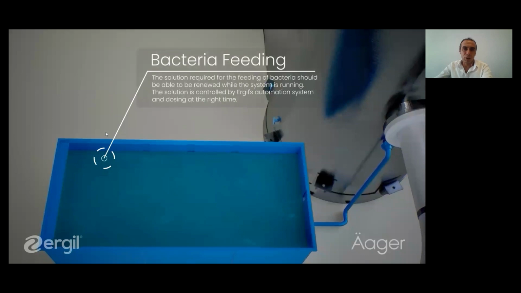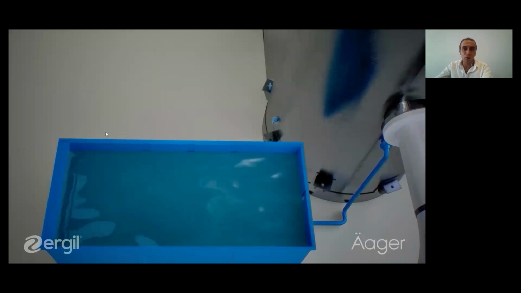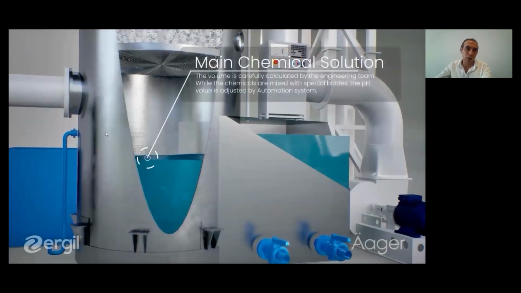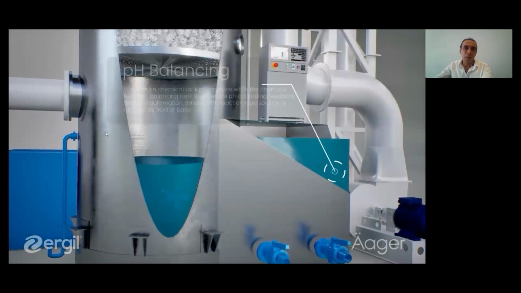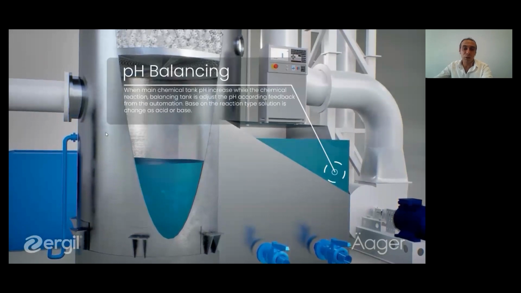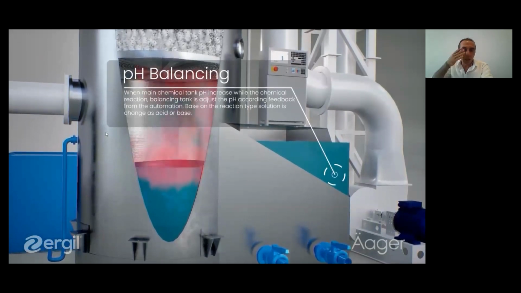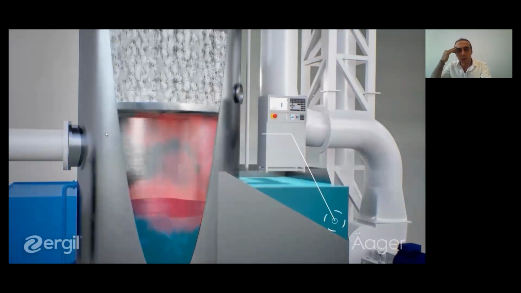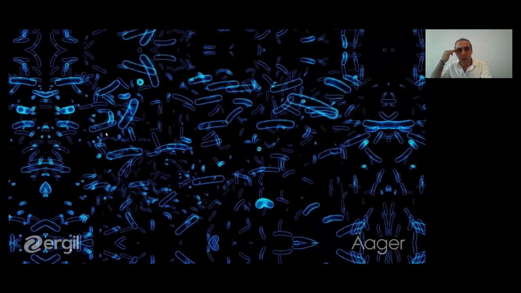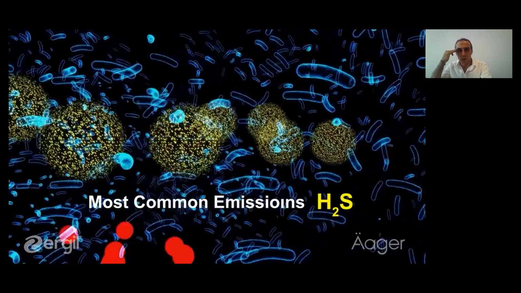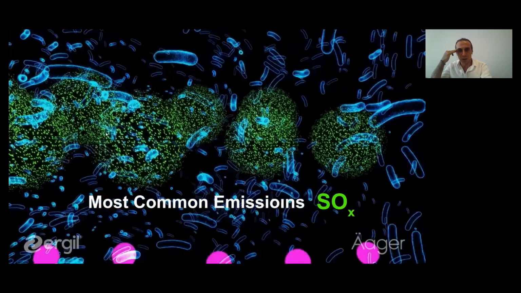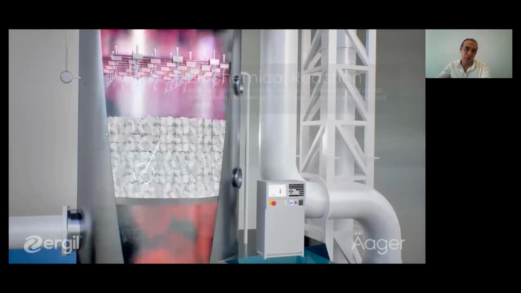We have a solution for bacteria feeding in these tanks, and we are pumping it to the bioreactor. This is the main tank and main chemical solution. On the right side, we have pH balancing, because H2S is an acidic compound, so the pH should be reduced. And the bioscrubber can be used for SOx, H2S, NOx.